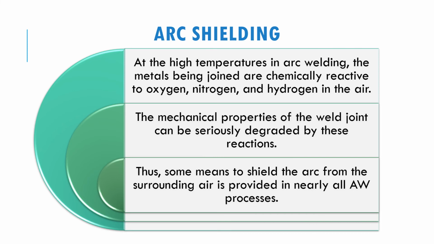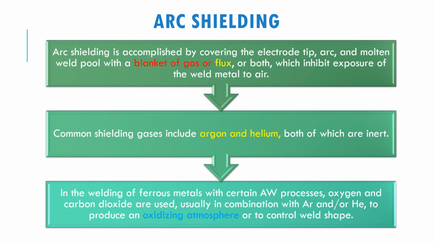So due to that, some shielding needs to be created in the arc, okay, so that it can protect the weld joint. Shielding is accomplished by two methods. One is by blanket of gas and another one is by flux, or sometimes both methods can be used simultaneously. So this one is to inhibit exposure of the weld metal to the air.